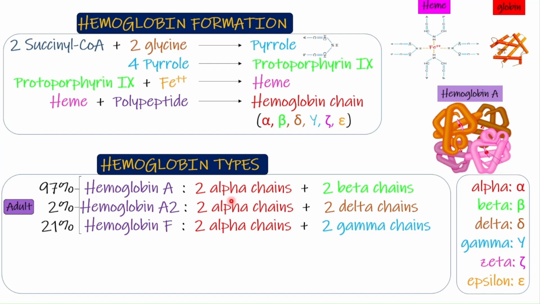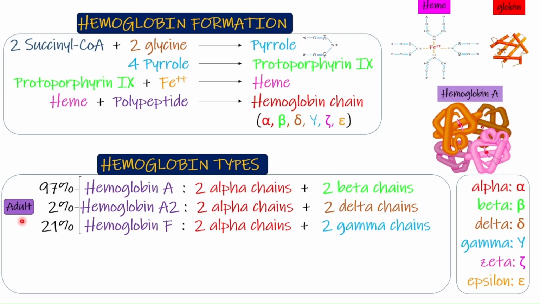What is common in all of them is that hemoglobin A, A2, and F all have 2 alpha chains. The difference is in the other 2 chains: hemoglobin A has 2 beta chains, hemoglobin A2 has 2 delta chains, and hemoglobin F has 2 gamma chains. You have to remember the different types of chains in the different hemoglobin molecules.